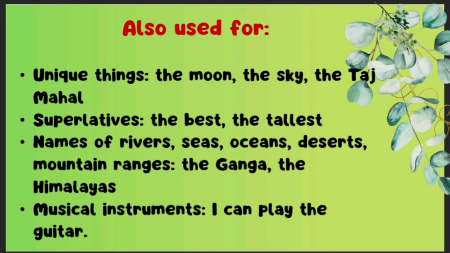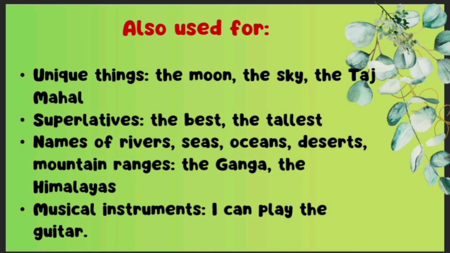article. The article is also used for unique things: the moon, the sky, the Taj Mahal. Whenever we are particularly mentioning special or unique things, we use the article. Superlative words also take the article.